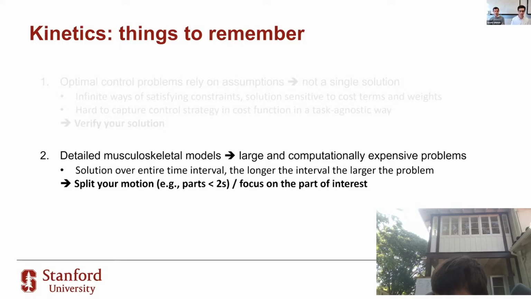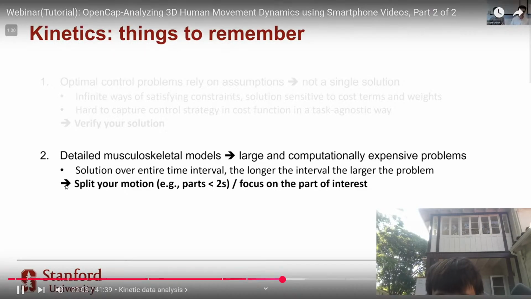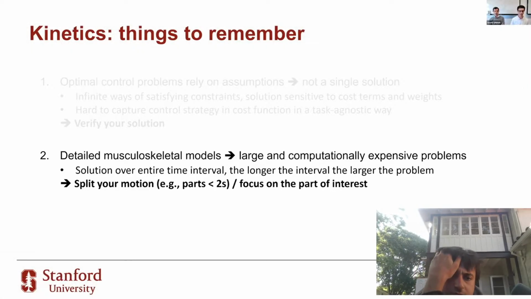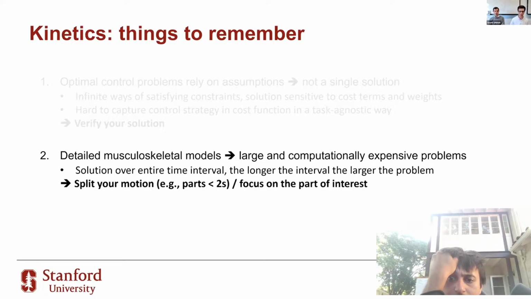Another thing to remember, these are detailed musculoskeletal models. The muscle models are quite complicated. There's 80 muscles, and so these become quite computationally expensive problems. And unlike other optimization techniques, like static optimization, for example, where you solve every step in time one at a time, this is a solution over the entire time interval. So the longer of an interval you attempt to simulate, the bigger the problem gets and the slower it will be to solve.